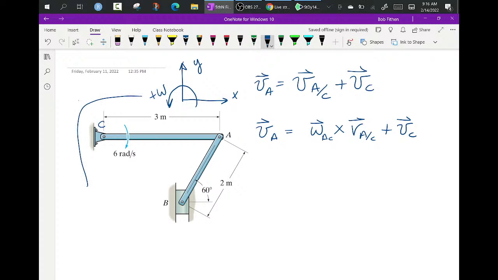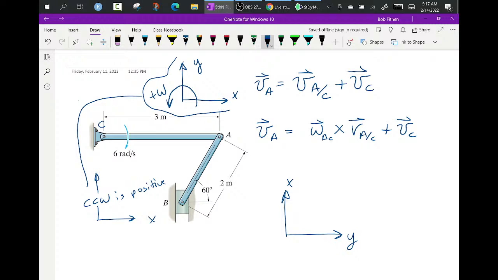That's counterclockwise. If X is going this way and Y is going that way, counterclockwise rotation is positive. And most people list it that way. They generally don't do the opposite. So throughout everything, I'm going to stick to that. Okay, let me get this other stuff off here.